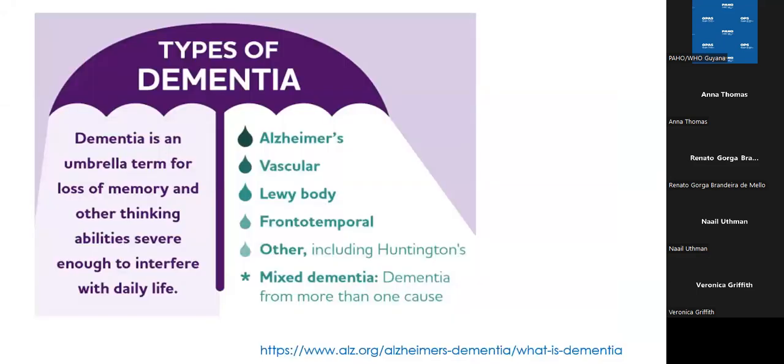Dementia is a syndromic diagnosis, and under the dementia umbrella, we have several possible differentials as Alzheimer's, vascular dementia, Lewy body dementia, and others.